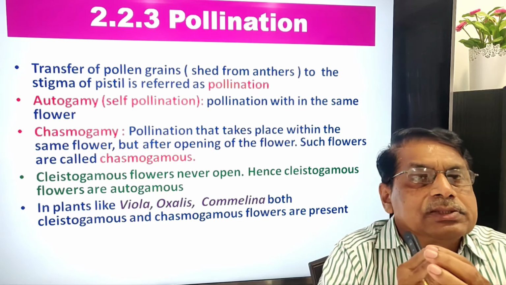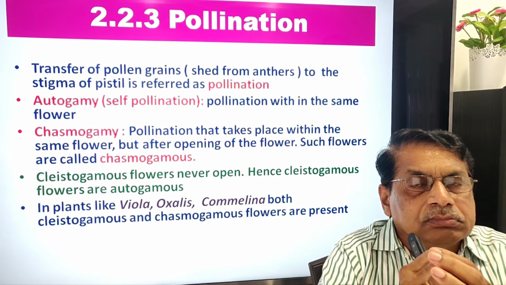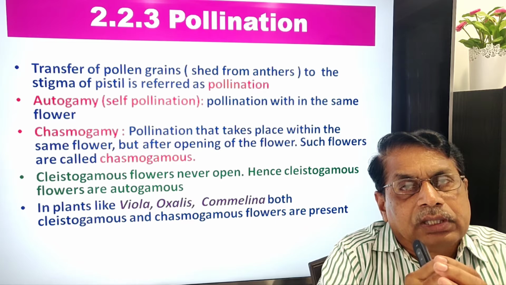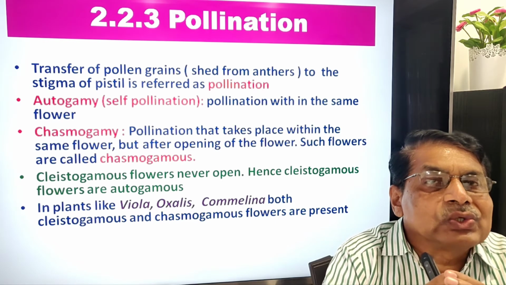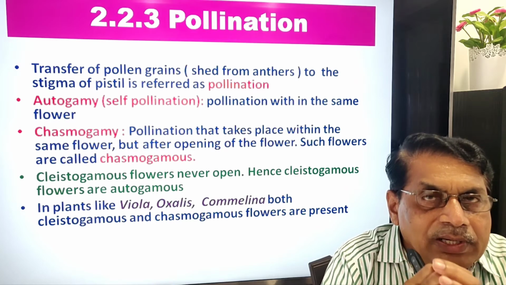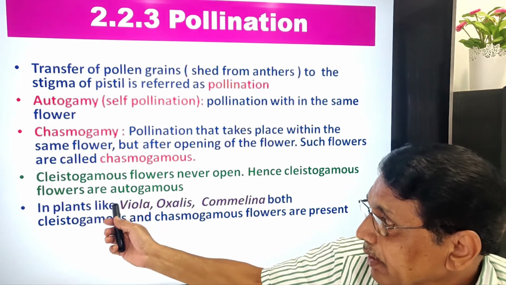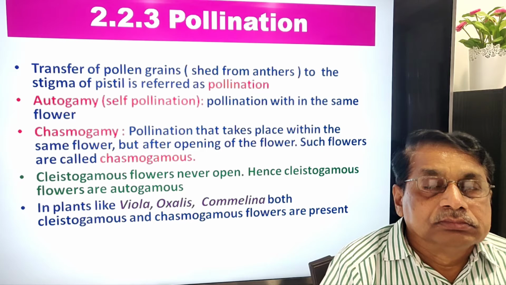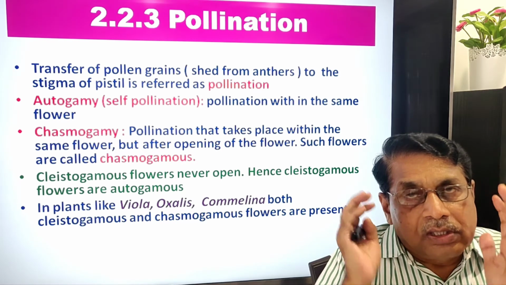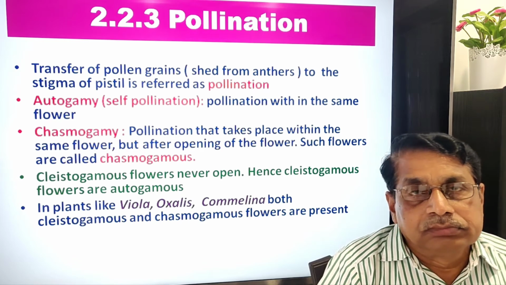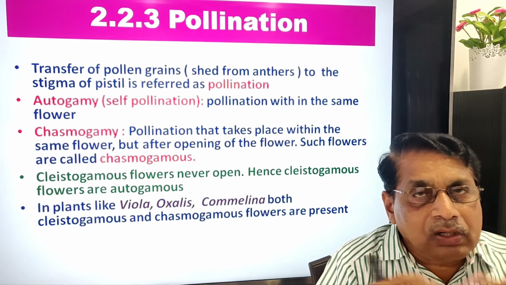Still pollination takes place within the flower. Such flowers are called cleistogamous. Such pollination is called cleistogamy. So cleistogamy is always autogamous, self-pollination, because the flowers are not opening.